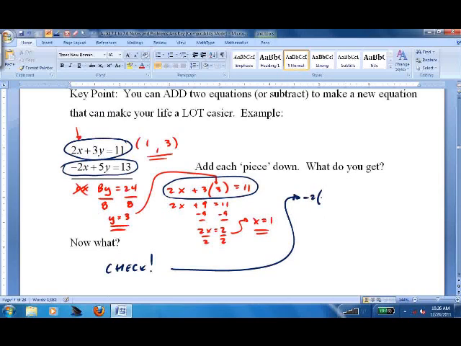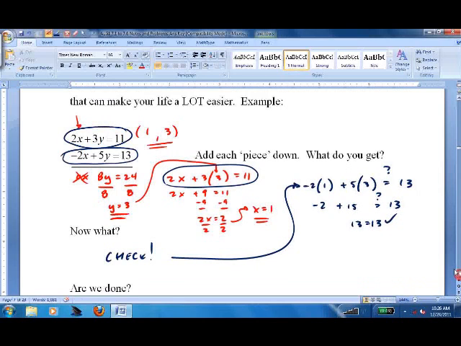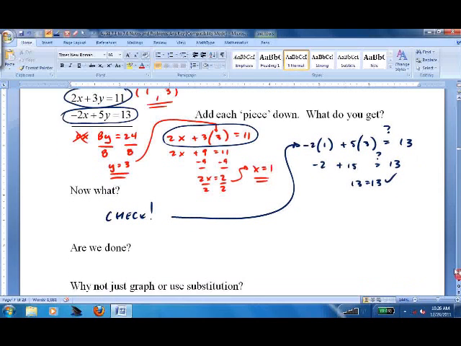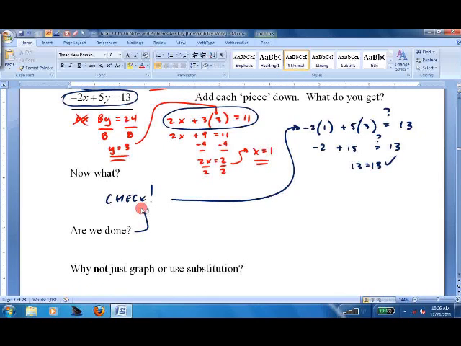Negative 2 times 1 plus 5 times 3. And we'll see if that equals 13. Negative 2 plus 15. And 13 equals 13. So we did it correctly. Again, we should never get this wrong. Once we check, yes, we are done.